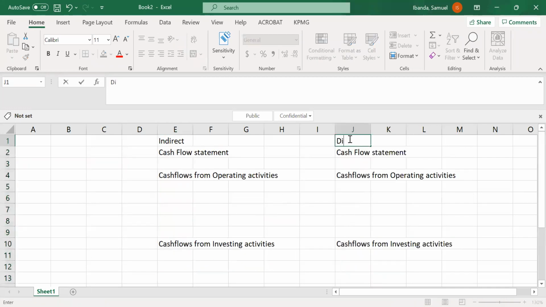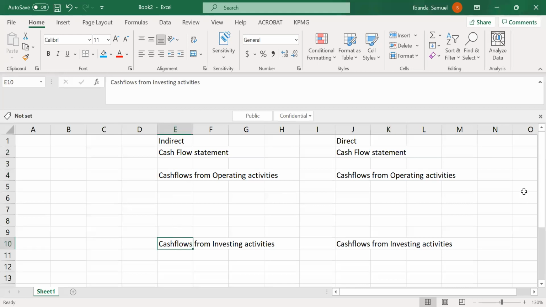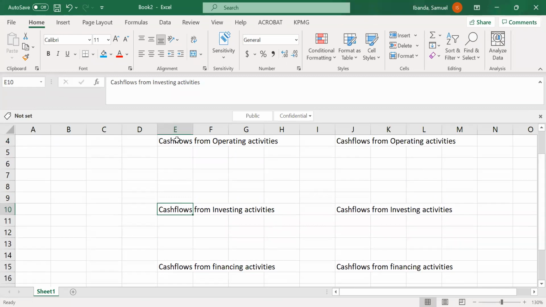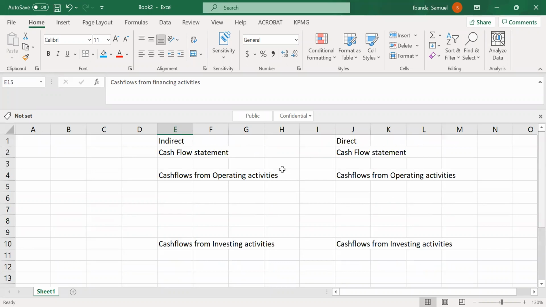So let's assume this is the direct method. What happens with the direct and indirect method? Both of them have the three key sections: cash flow from operating, cash flow from investing, and cash flow from financing. But when it comes to cash flows from operating activities, the two have different ways of preparing.